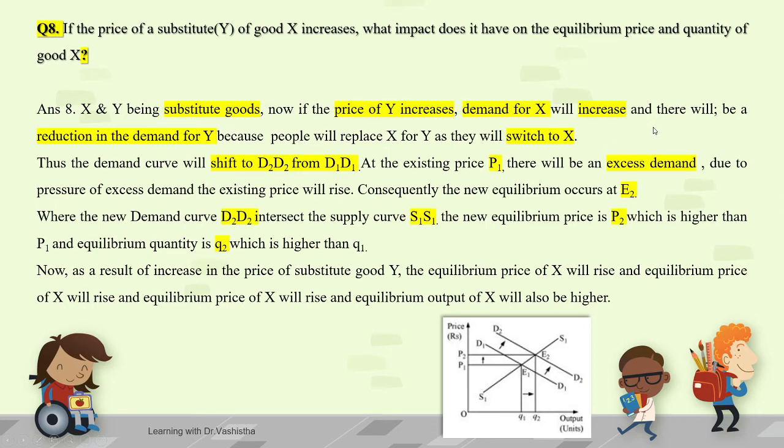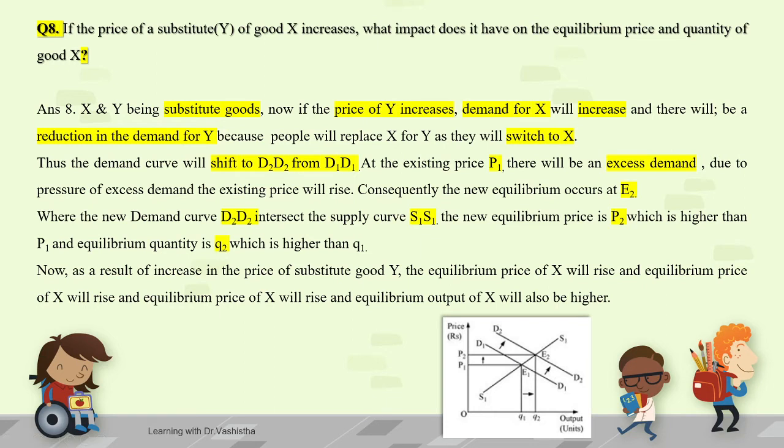There will be a reduction in the demand for Y, because people will switch to X. We have attempted a similar question earlier. Thus the demand curve will shift to D2D2 from D1D1.